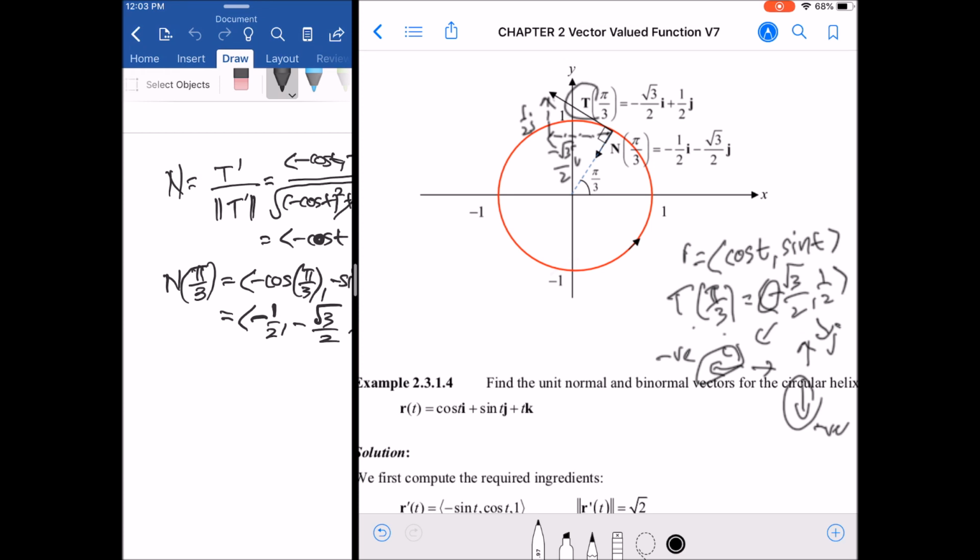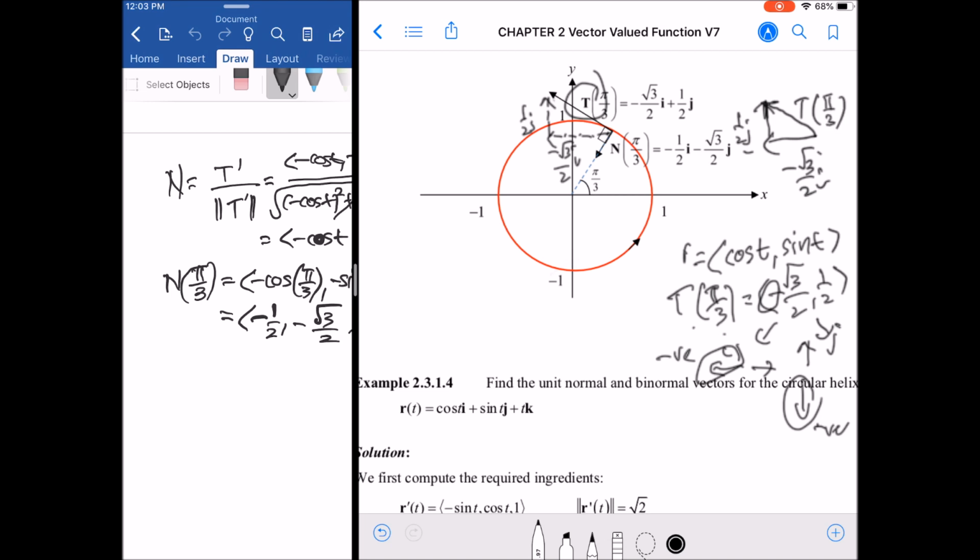Thus, this is our tangent vector, as this is negative square root 3 over 2 i, and this is our 1 over 2 j. So our tangent vector is here at pi over 3.